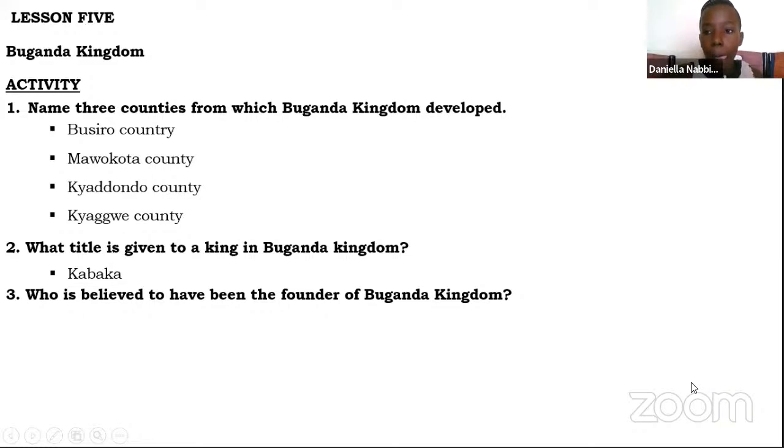Nantale, are you still with us? Seems we have lost Nantale. Imalu Noelin, give us the answer for number 3. Kintu. Thank you, Noelin. So go to number 4.